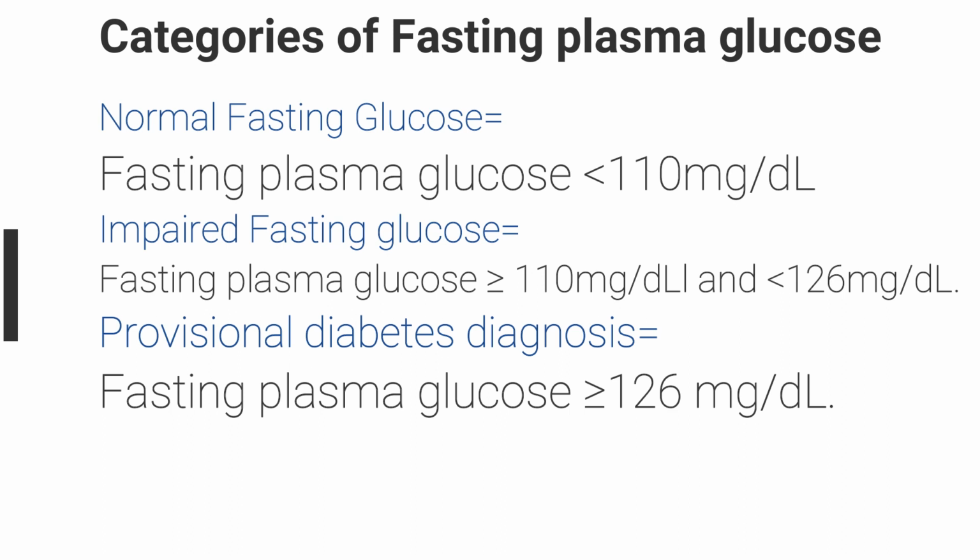For impaired fasting glucose, the fasting plasma glucose is greater than or equal to 110 mg per dL and less than 126 mg per dL. While for provisional diabetes diagnosis, the fasting plasma glucose is greater than or equal to 126 mg per dL. Okay, don't forget that.